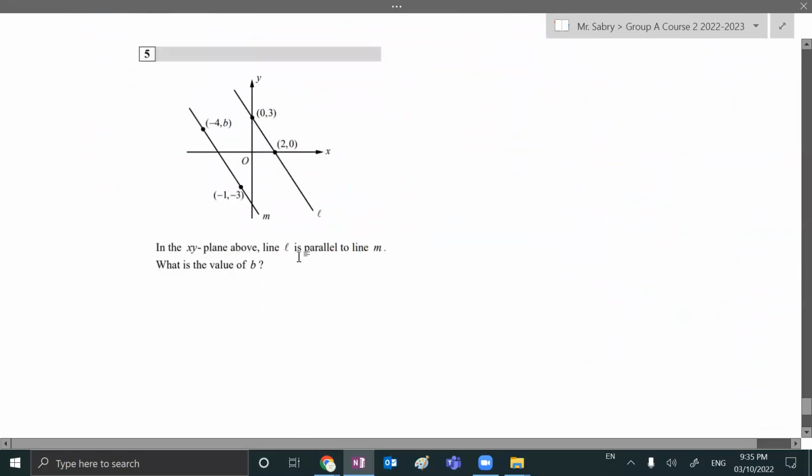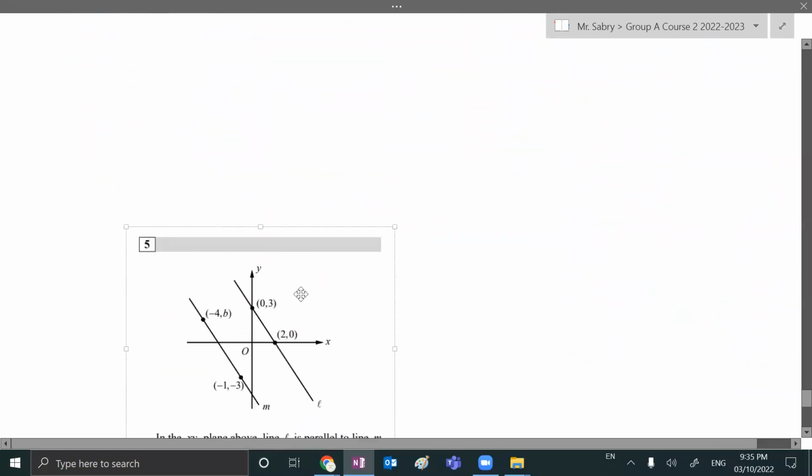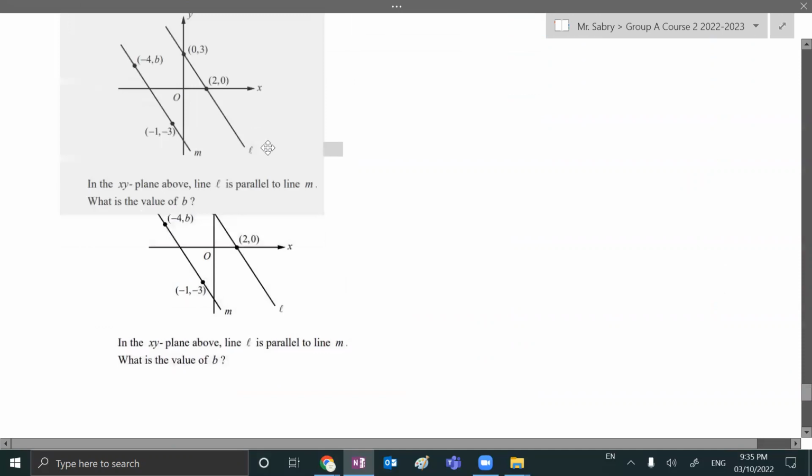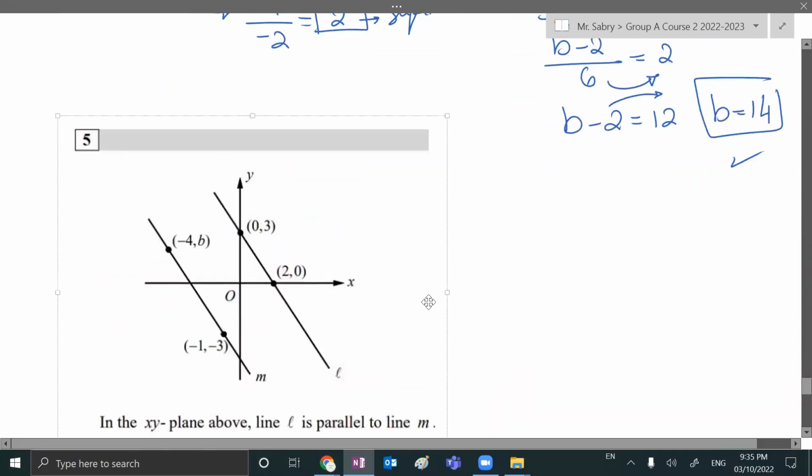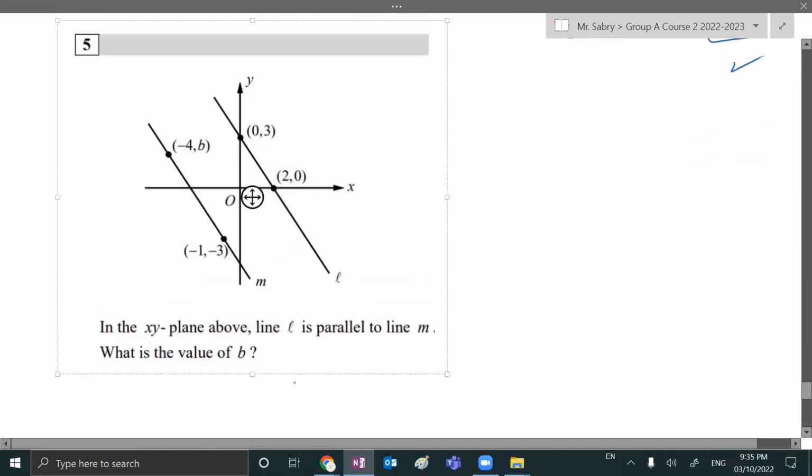Okay, let's see 5. In 5 you're told already that these are the two lines and the two lines are parallel to each other. And because you read the word parallel, you're thinking about the equal slopes. So what do we know? Then calculate the slope of a line that has all of its points.